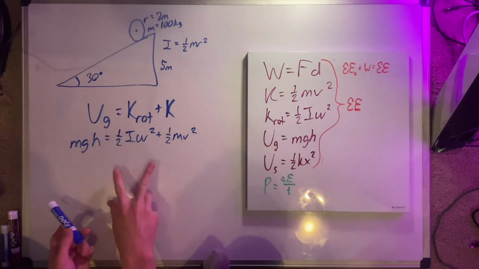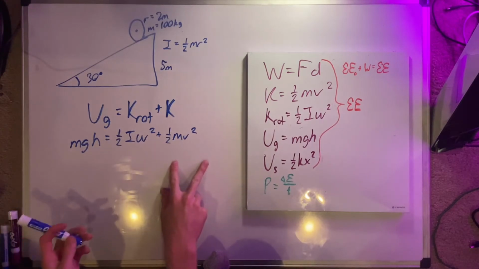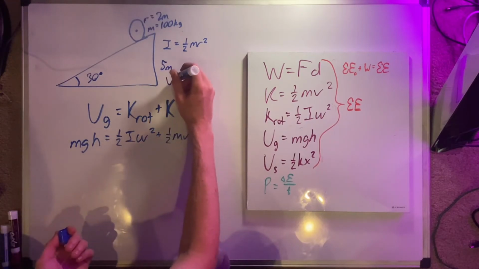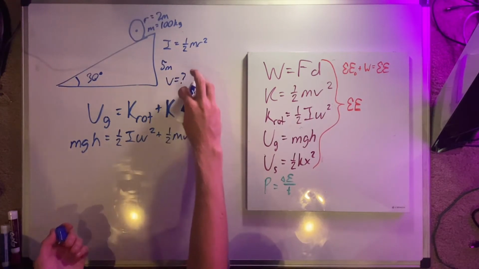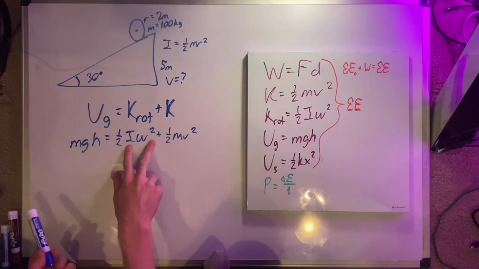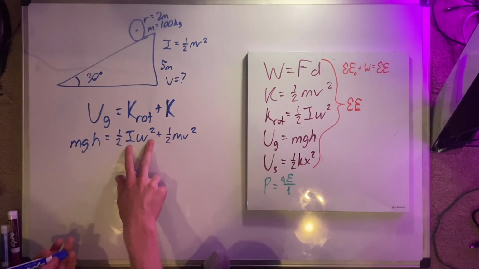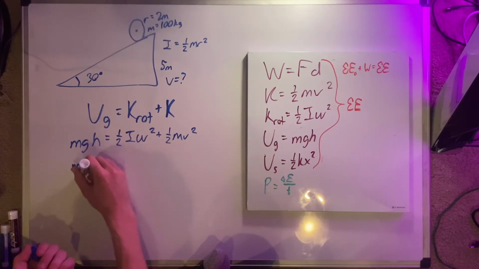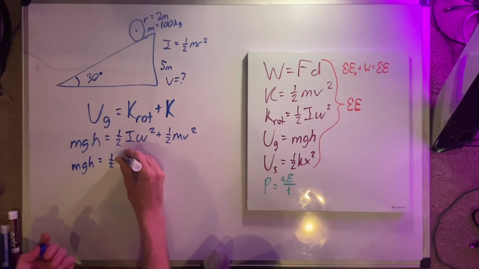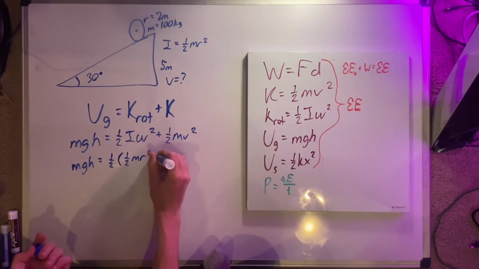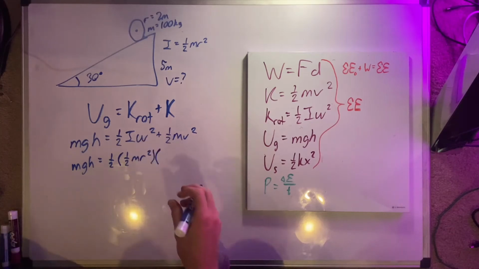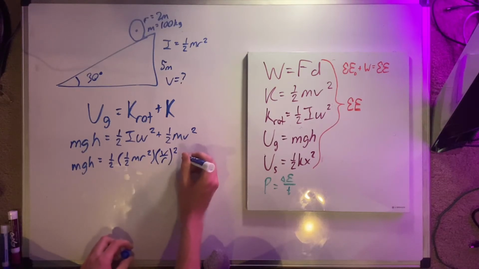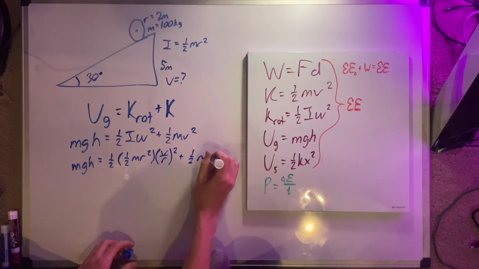Now let's really quickly take all of this and get it down to only the terms we want. I'm going to go v is equal to question mark, because right now we have this moment of inertia and angular velocity that really look ugly when we're looking for velocity. So we're going to say mgh is equal to 1/2 mr squared times angular velocity squared, where angular velocity is velocity divided by the radius, squared, plus 1/2 mv squared.